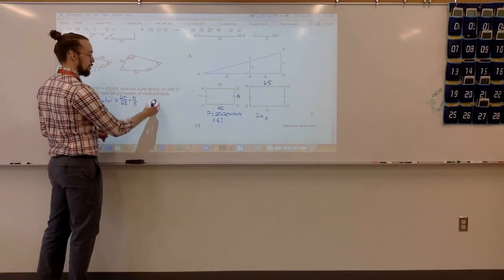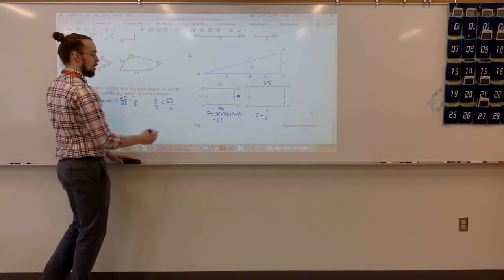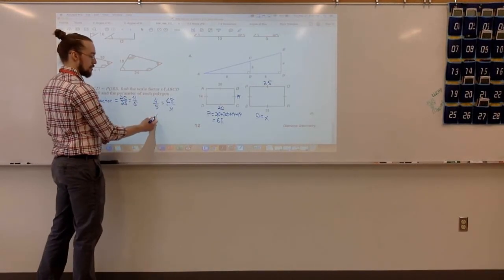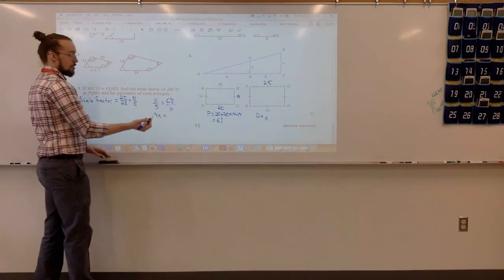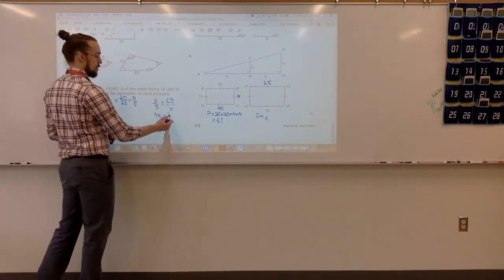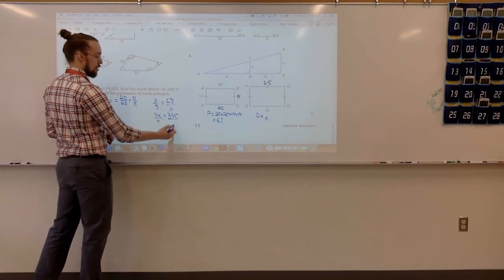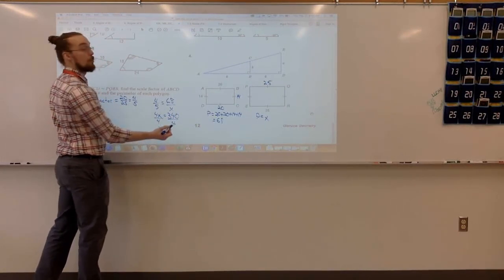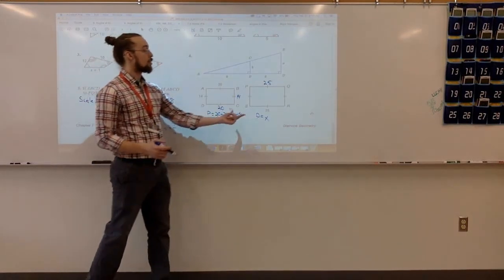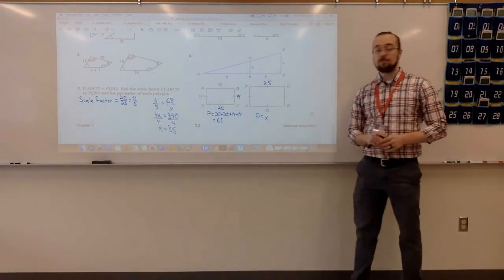So then cross multiply. So 4 times x. 68 times 5 is 340. Divide by 4. 85. So the entire perimeter of my second figure here is 85.